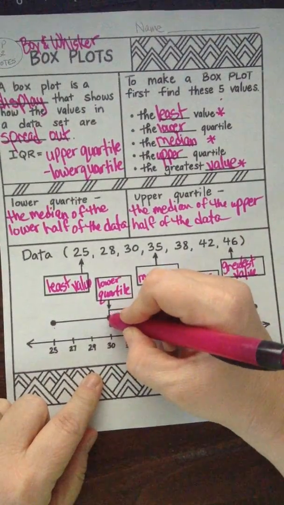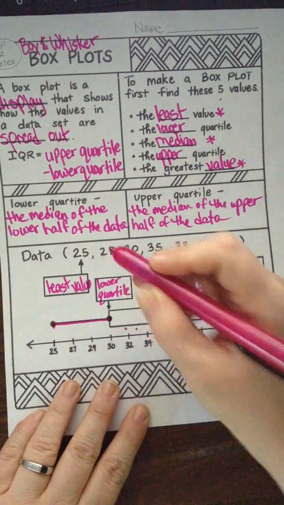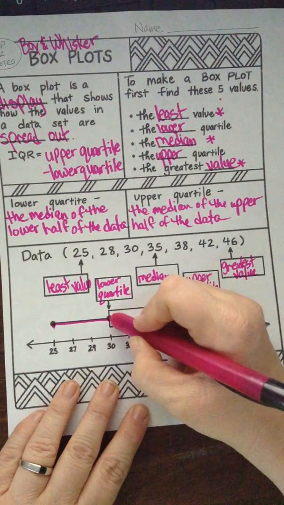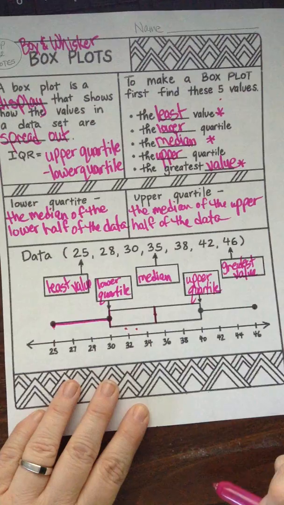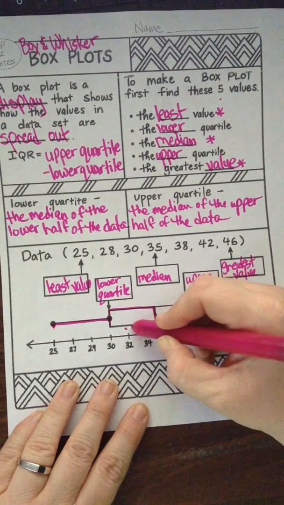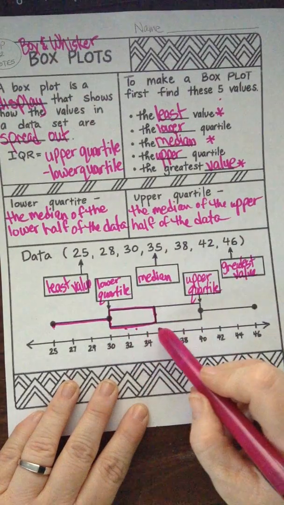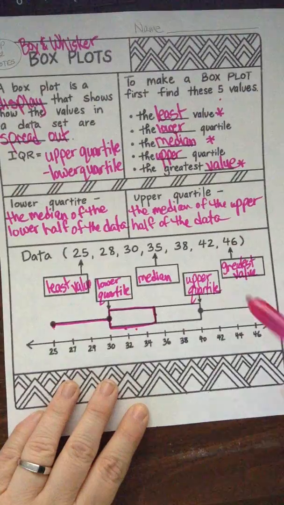So we put a dot there, and that's going to be the end of our whisker, the lower quartile. And this is where we start our box also. It goes across, and you can see that we have our little box here from the lower quartile to the median.